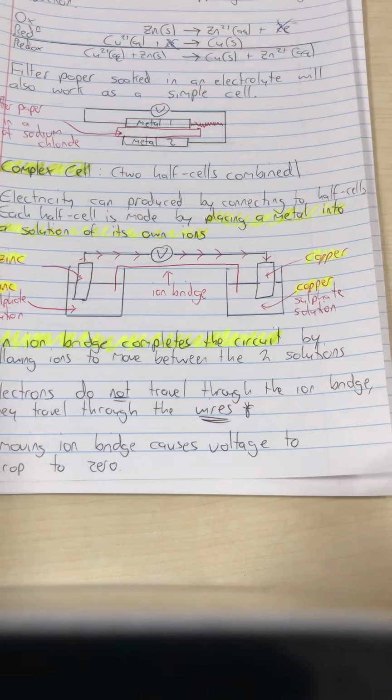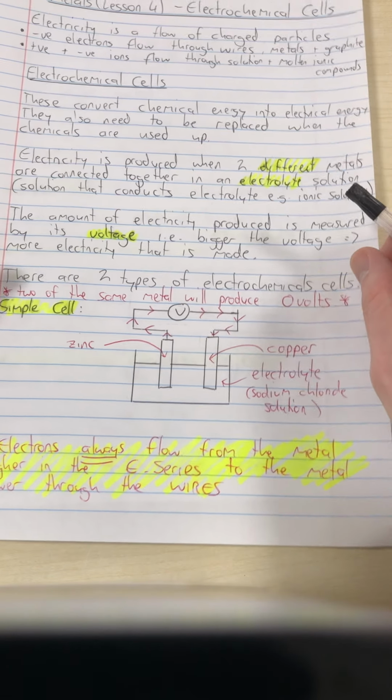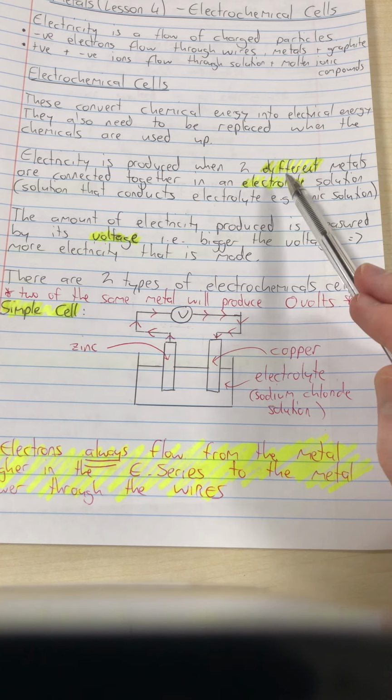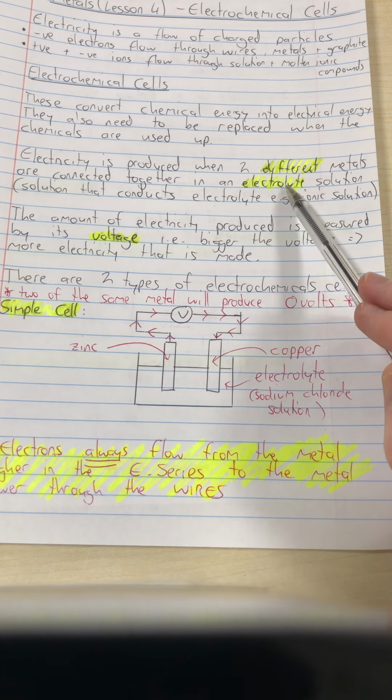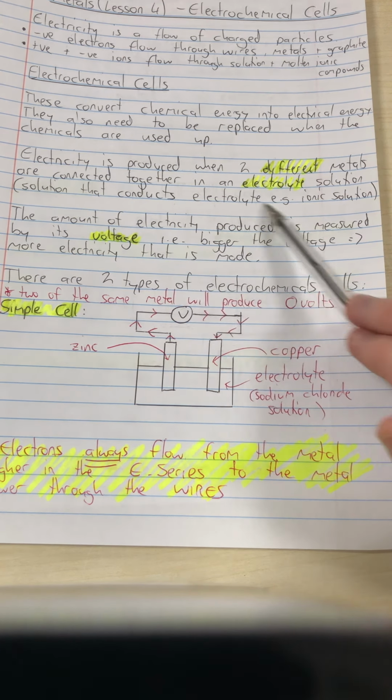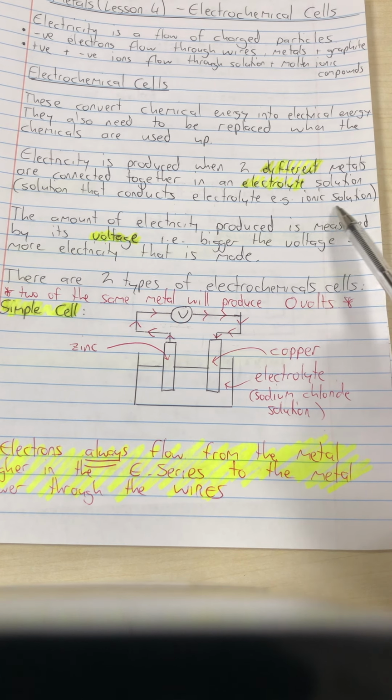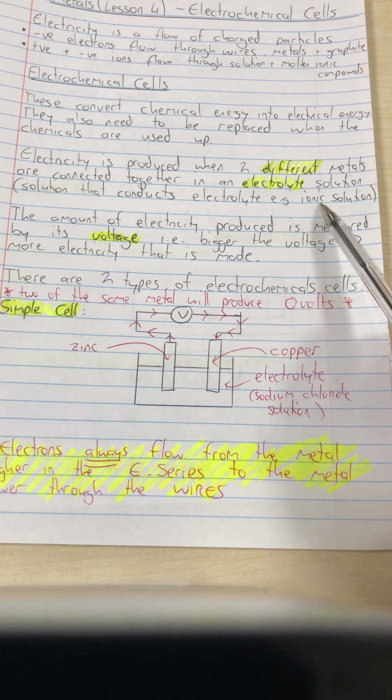So let's very quickly recap what we've learned. Electricity is produced when two different metals are connected in an electrolyte solution. An electrolyte is a solution that conducts electricity, so an ionic solution.